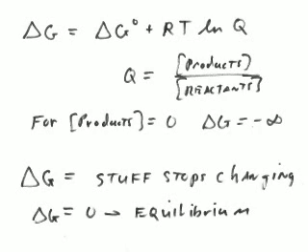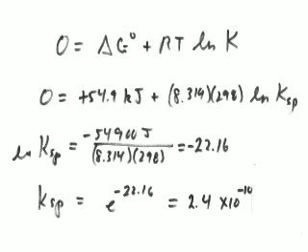So now we can go back to our friend, the silver chloride. So at equilibrium, delta G would be 0. That would be equal to RT log K plus delta G0. Well, the delta G0, we said, for that reaction was 54.9 kilojoules, plus the 8.314 joules per mole Kelvin times 298 Kelvin times the log of the KSP.